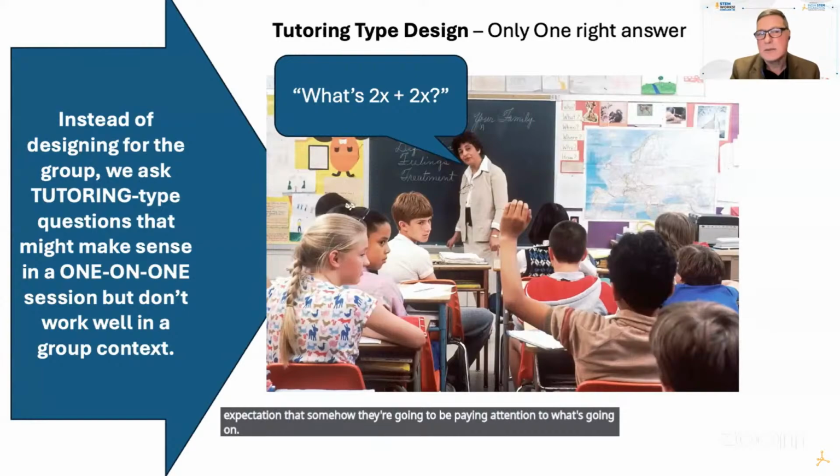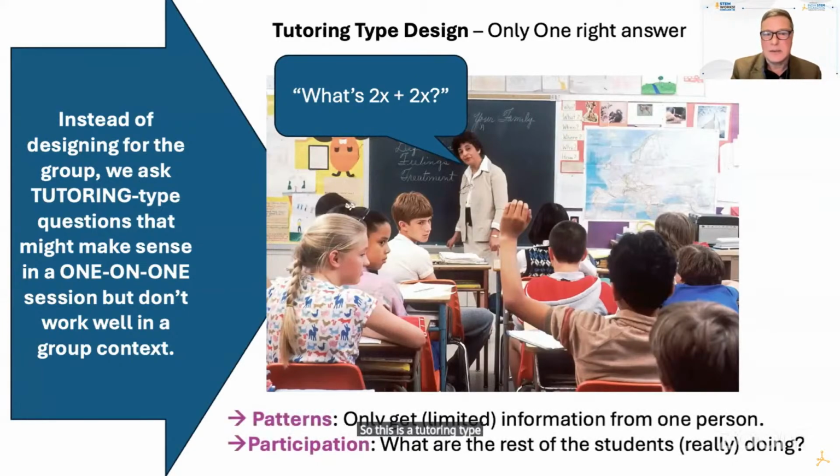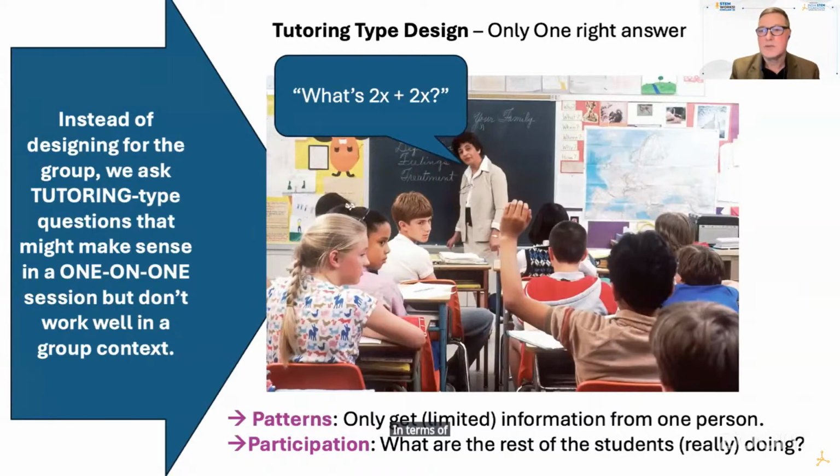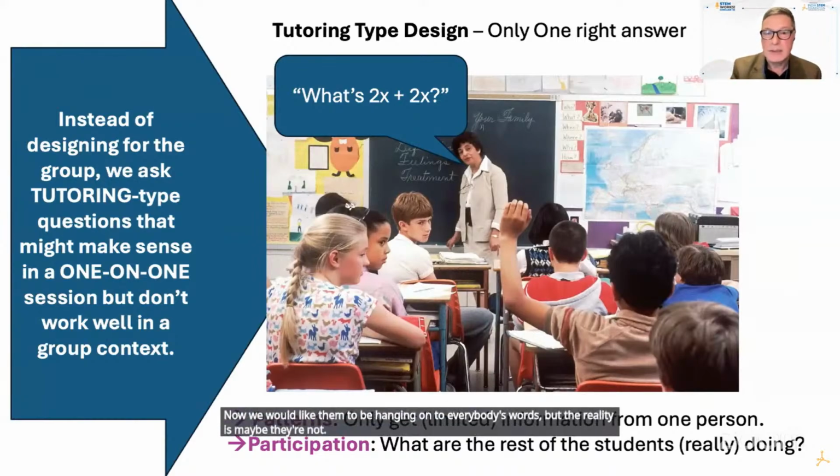So this is a tutoring type design. There's only one right answer. In terms of patterns, you only get very limited information and only about that one student, which is really inefficient. In terms of participation, what are the other students really doing? Now, we would like them to be hanging on to everybody's words, but the reality is maybe they're not, okay?